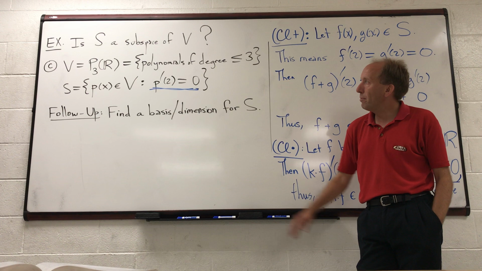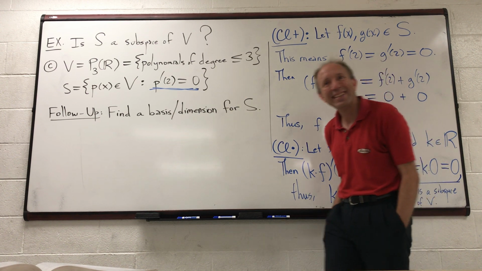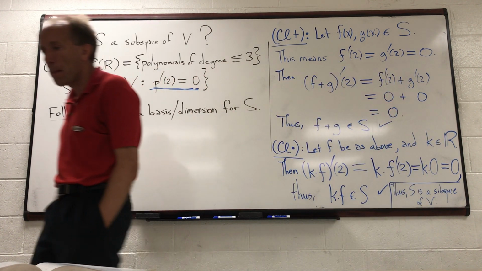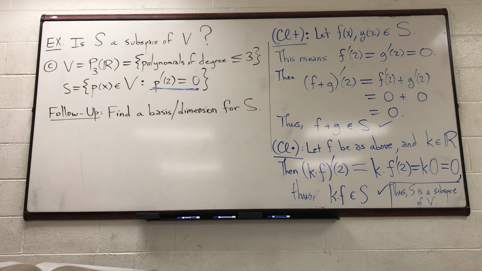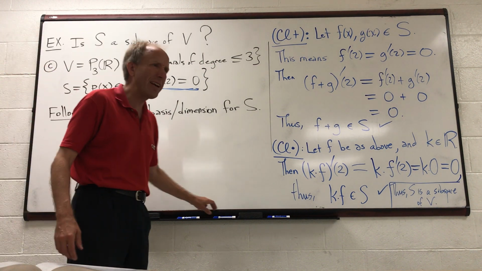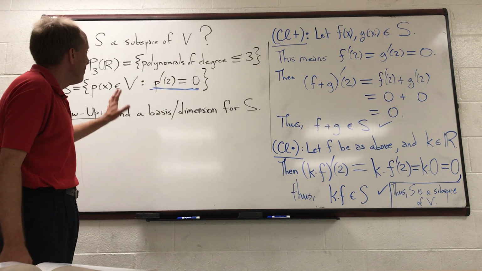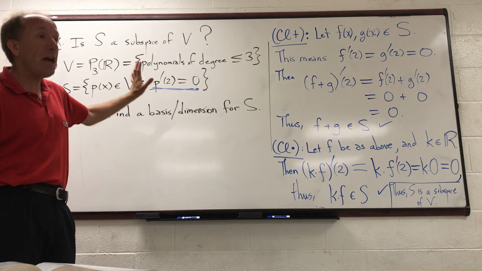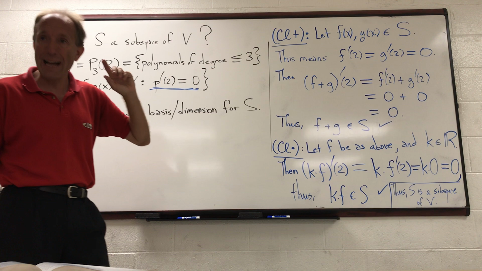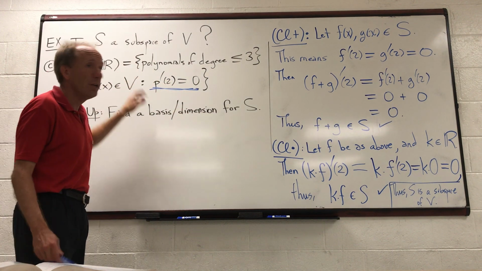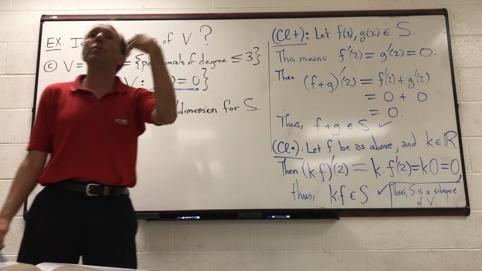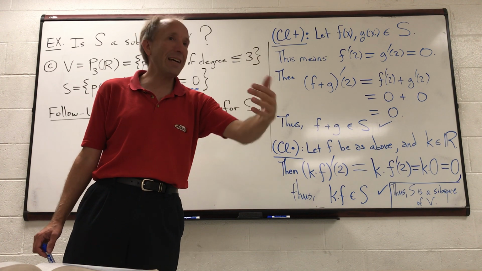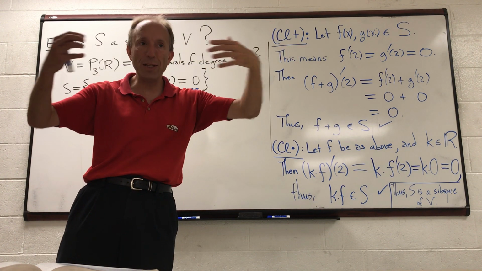So I'm wondering if anybody has any ideas here. Turns out that to do this, and we haven't done a lot of these yet, so it's not something that you have had a lot of practice with, but what you have to do here is actually go back now and write your polynomial as ax cubed plus bx squared plus cx plus d and start working with it that way.